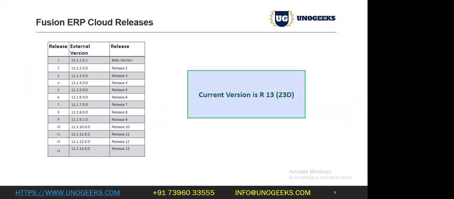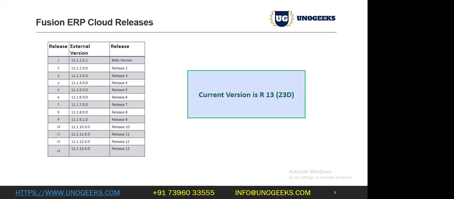Here are the Oracle Cloud releases. Currently we are in 24A, although the current version mentioned here is R13 23D. What is 24A? What is R13? R13 is a release version.